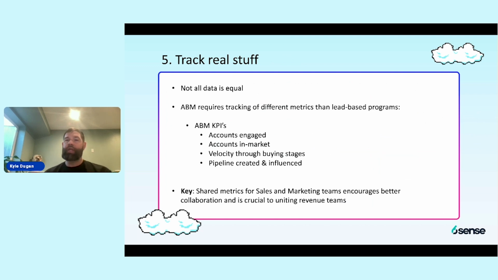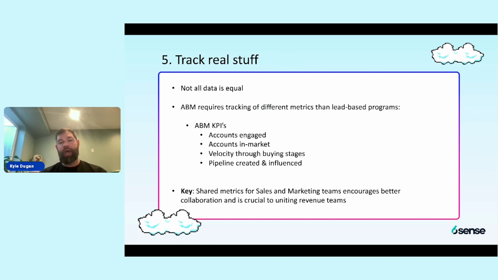That doesn't necessarily make as much sense when you're doing ABM. And so a lot of what we look at with ABM is different KPIs. We're looking at accounts engaged, accounts in market, and then we're also looking at that velocity through buying stages. And then, of course, the almighty pipeline, right? That's the big one for us. Realistically, that's the big one for every marketing team. That's the one that everyone really focuses on.